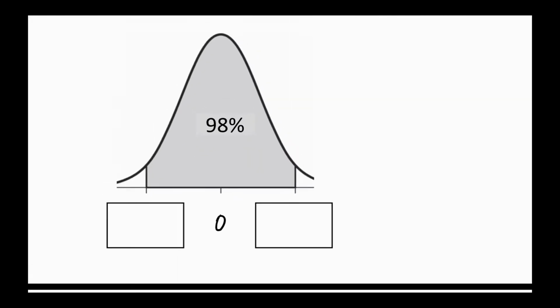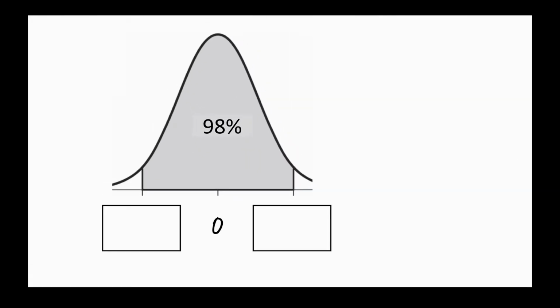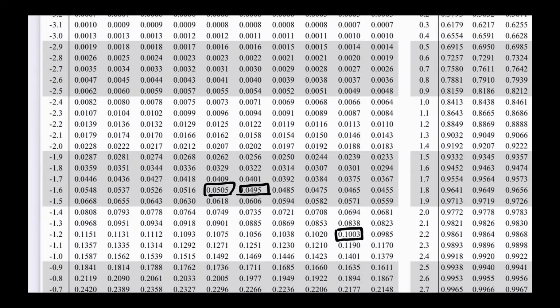Now we have 98%, almost 100%. So what percent is going to be out here in the tails? 0.0100. Okay. So if we go to the tables, which one are we going to get? Almost 2 point something.